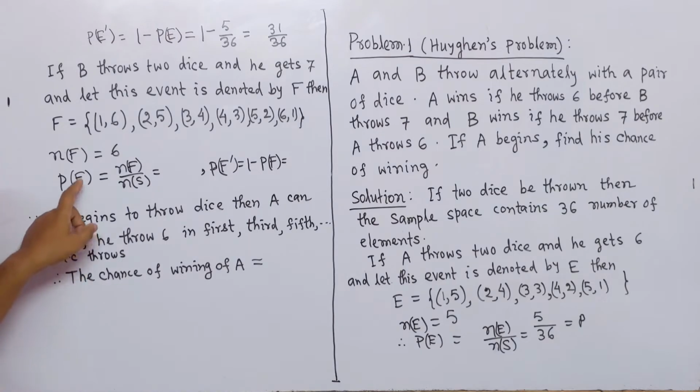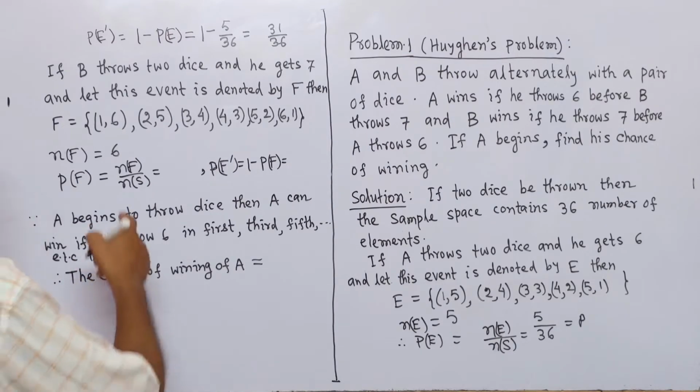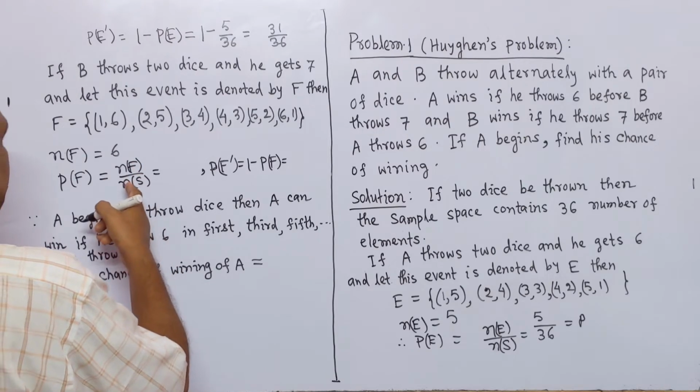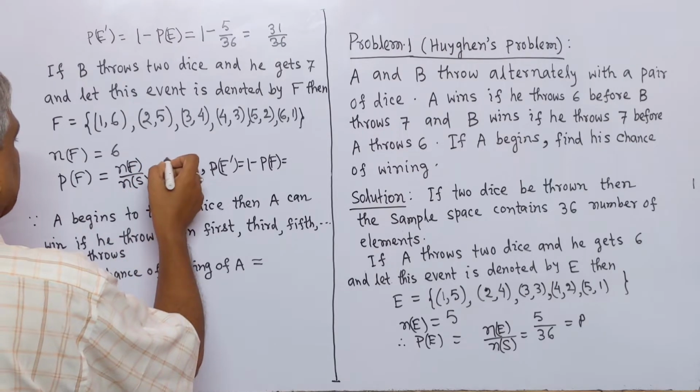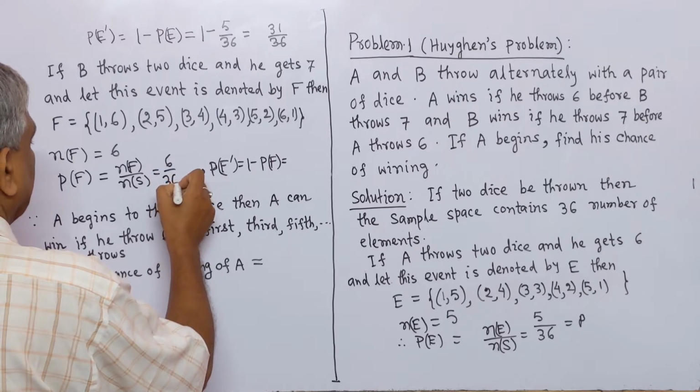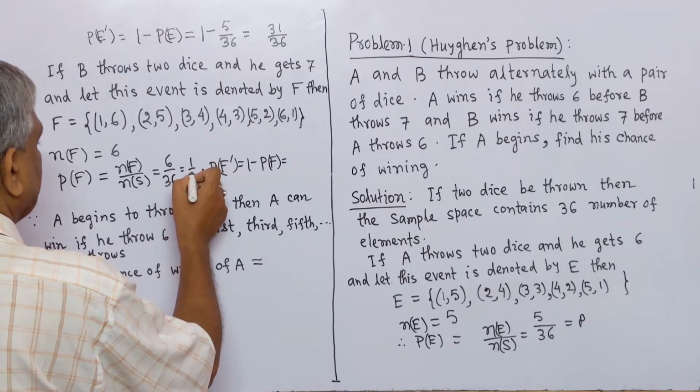Therefore, the probability of event F will be the number of elements in event F by the number of elements in the sample space, that is 6 by 36, which is 1 by 6.